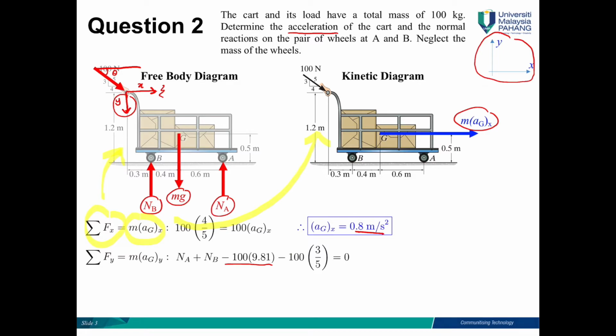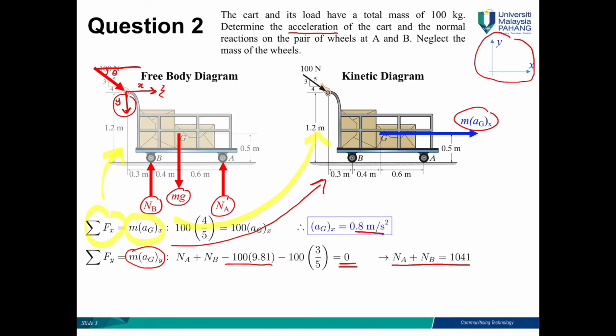All right. And for the right hand side of the equation, when we look at the kinetic diagram, we don't see any arrow pointing in y-axis, therefore this is equal to 0. So from here, you will get the equation Na plus Nb is equal to 1041.